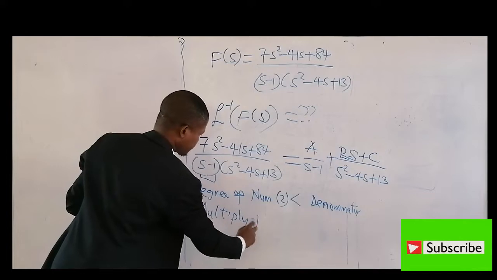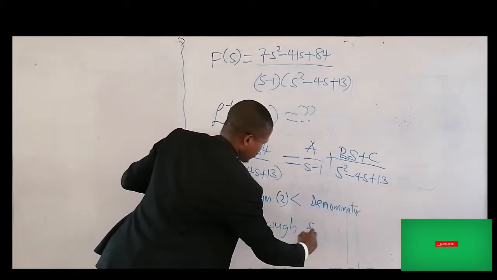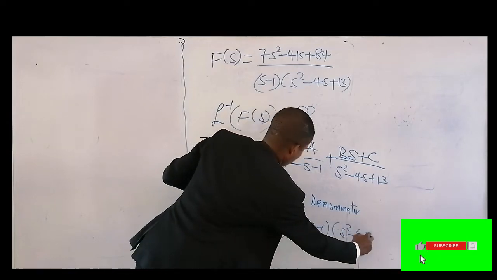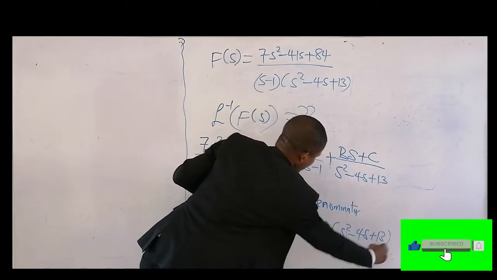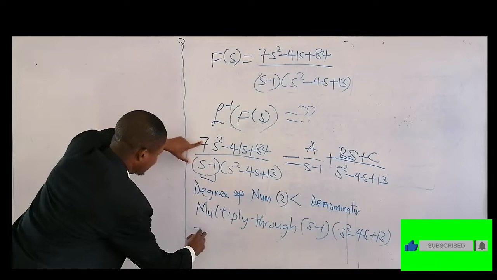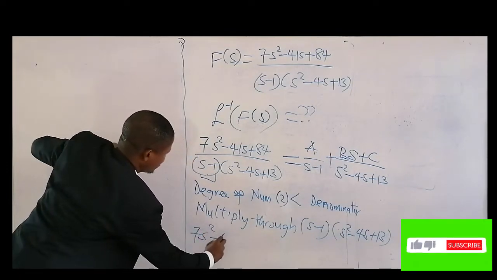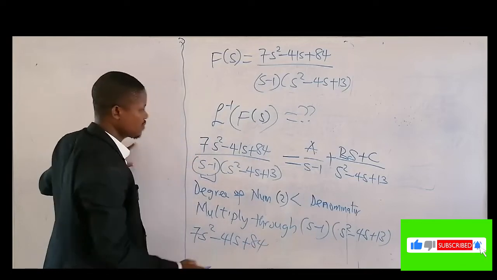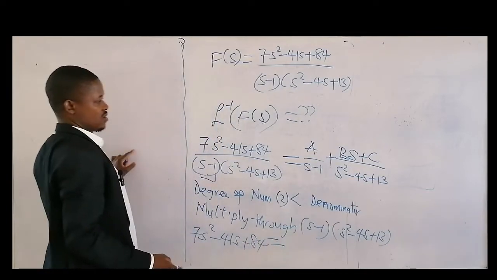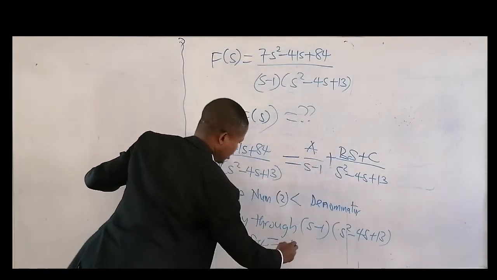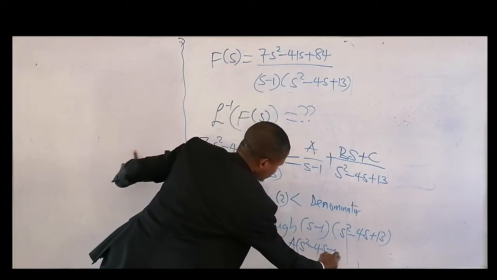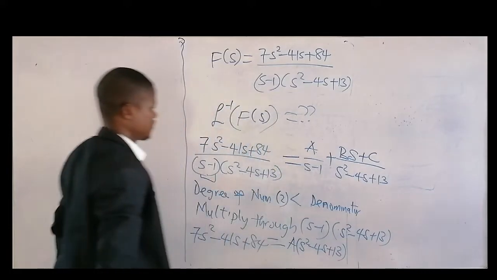Multiply through by the common factor, x minus 1 into bracket x squared minus 4x plus 13. So if you do that, on the left side you have this remaining, equal to this one times this one, that will be A(x squared minus 4x plus 13).